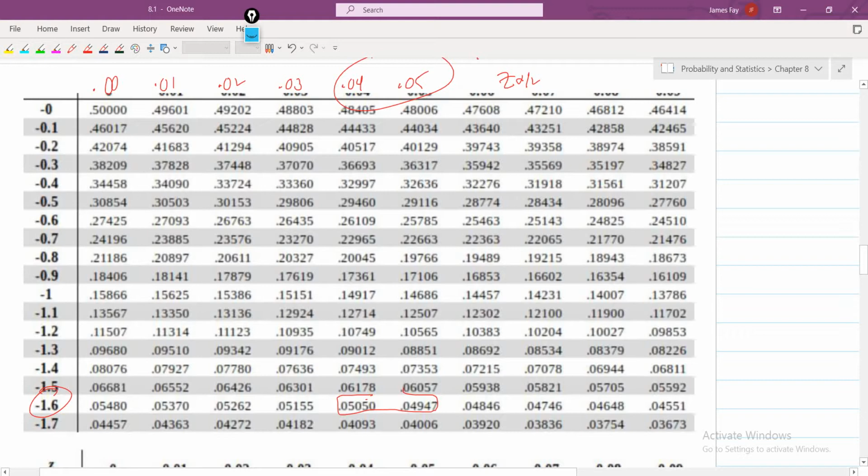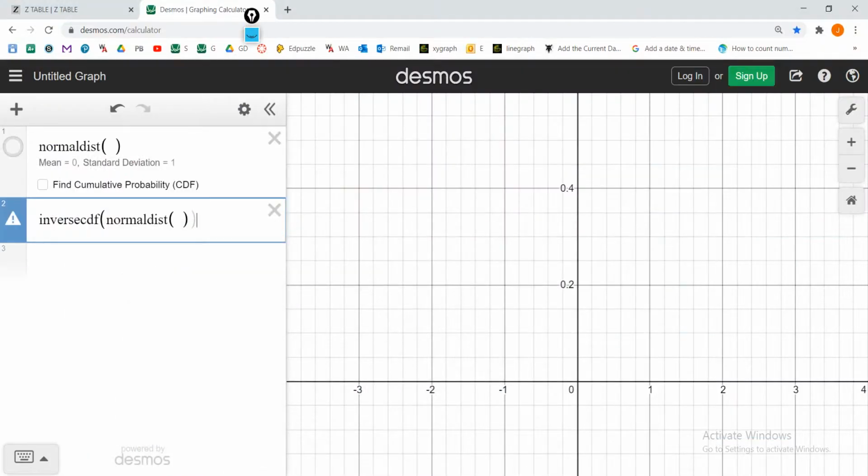What we're doing now is the inverse of that. We're starting in the table and working our way out to the z-score. That's what the inverse means: undoing the original procedure, going in the reverse order. So now inverse CDF, normal distribution, and then I type in, after a comma, what probability I'm interested in. We're interested in a 0.90 probability.